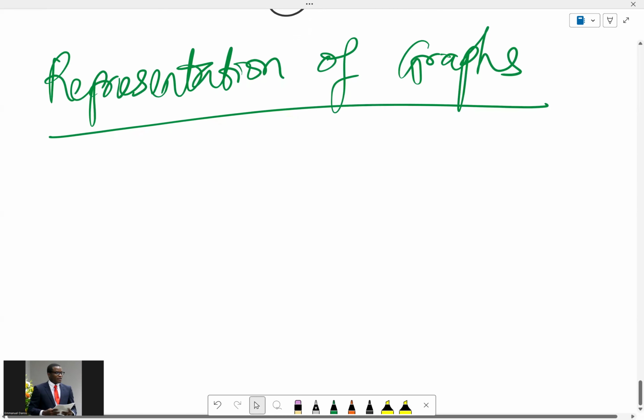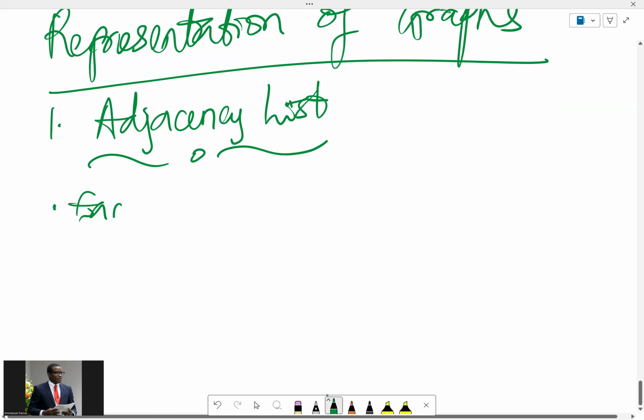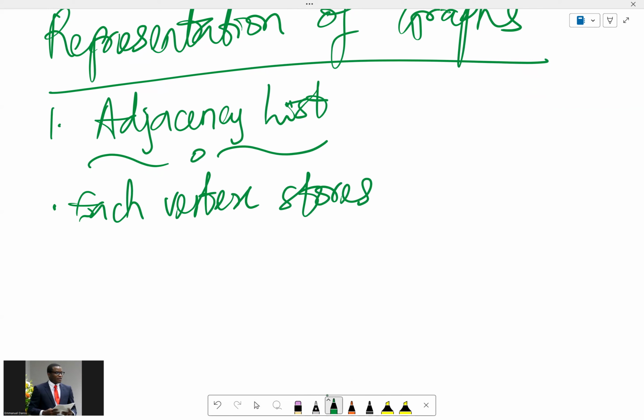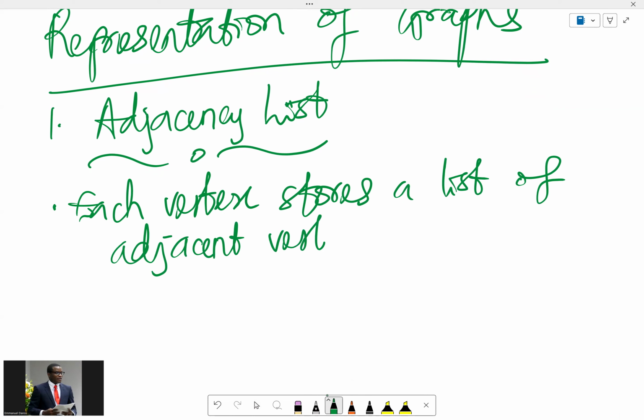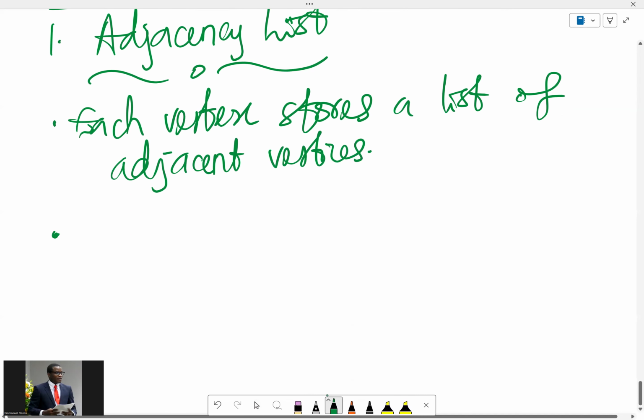Okay. Graphs are actually represented in three key ways. And the first way is that we can represent graphs using an adjacency list. What that simply means is that each vertex, or node, stores a list of adjacent vertices, more like every vertex it is connected to.